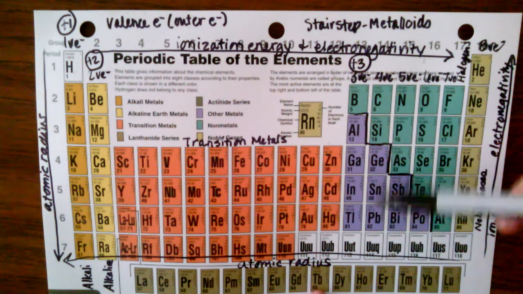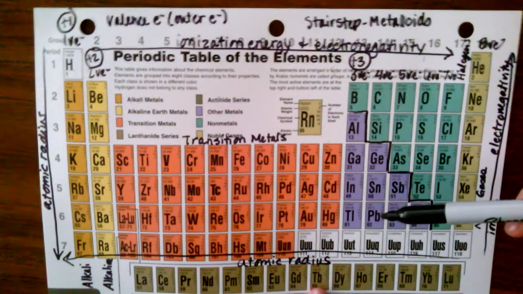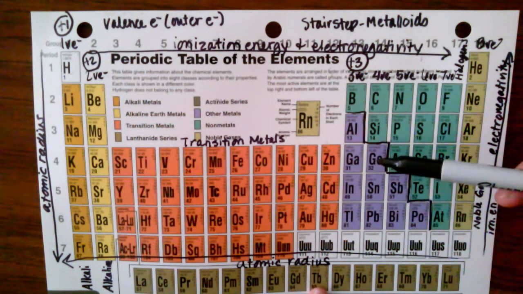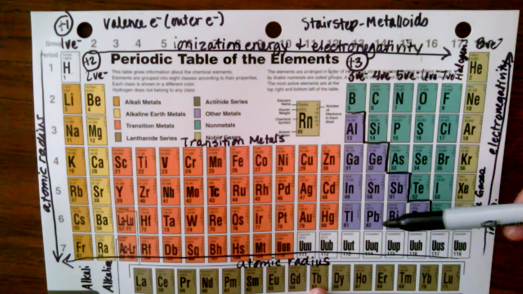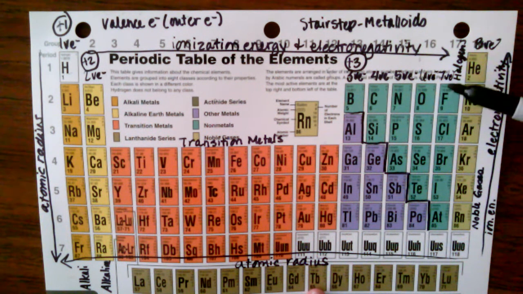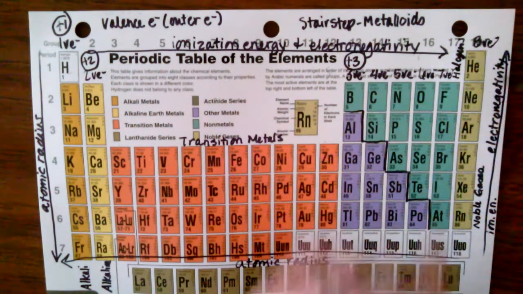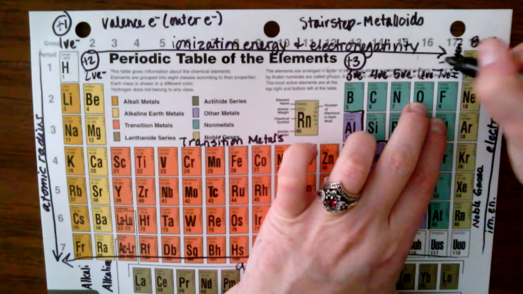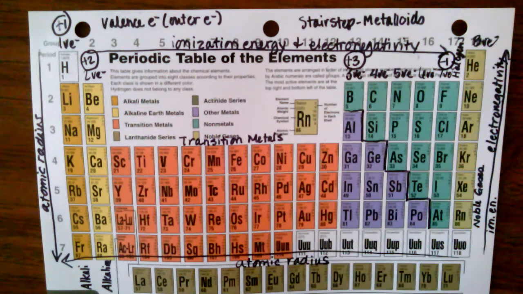Some of these down here can have a positive 4 charge, but we're not really going to get into those. So germanium, tin, and lead can have a positive 4 charge. Alright, if we go over to the halogens, remember we kind of skip out on noble gases for everything, but if we go to the halogens, it does have a negative 1 charge. So that means that everything in this entire group has a negative 1 charge.